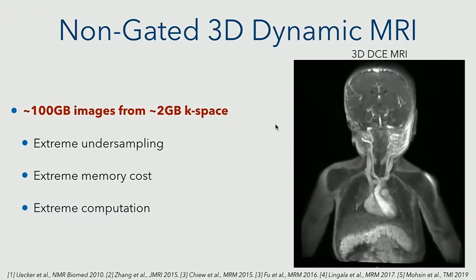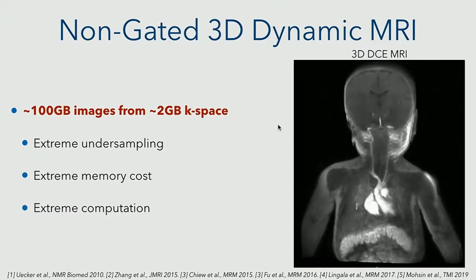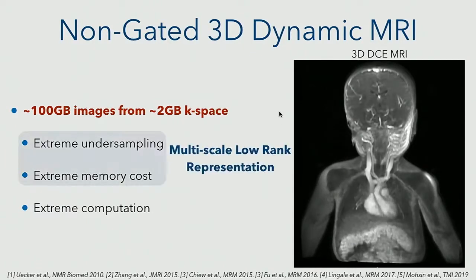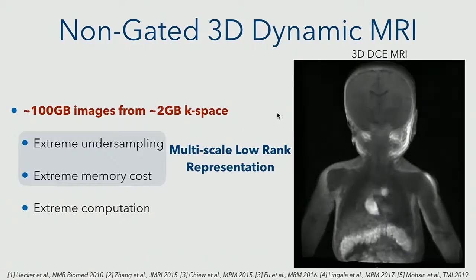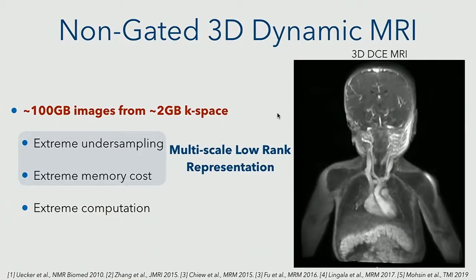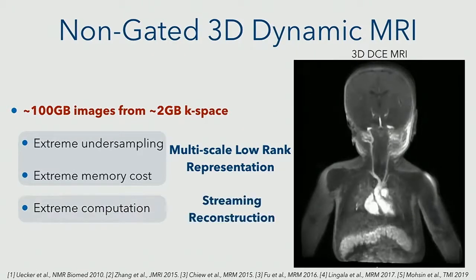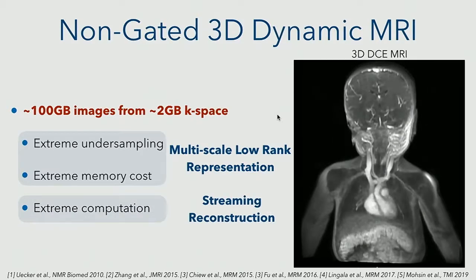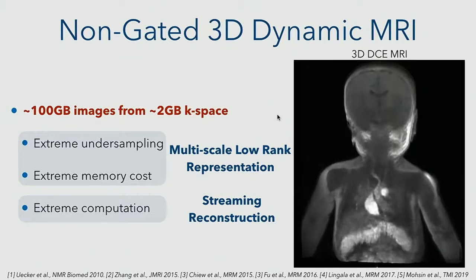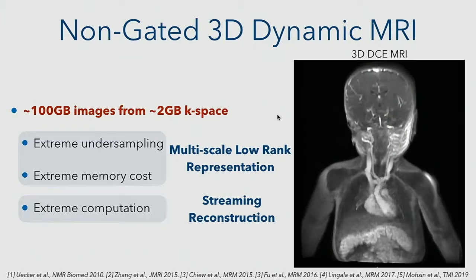And so in this work, we propose two innovations to deal with these challenges. One is a compressed multi-scale low-rank representation that allows us to constrain and compress the problem. Another innovation is a streaming or stochastic optimization reconstruction algorithm that allows us to process one frame at a time and drastically reduce the computation.